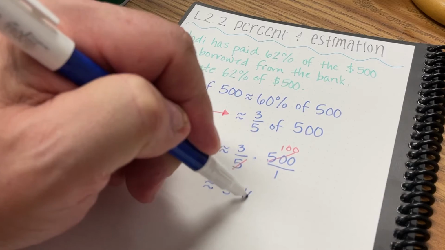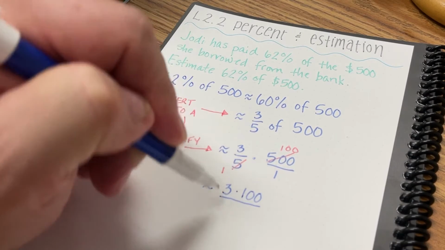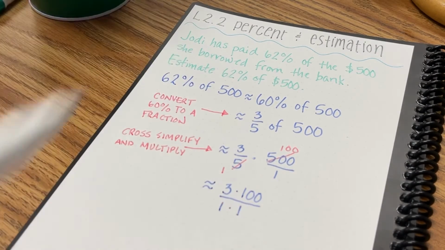This is about 3 times 100 over 1 times 100.